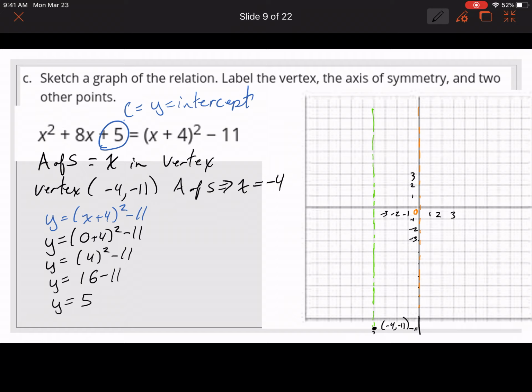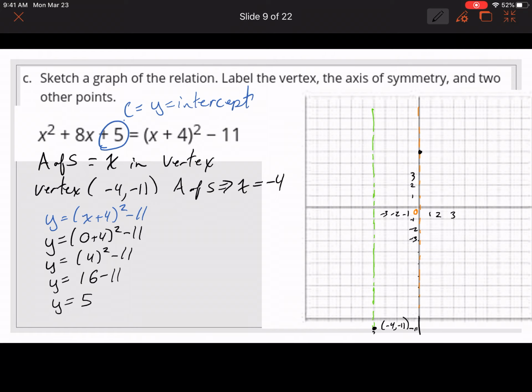So we know we're going to pass through way up here. We could also use our up and over strategy, our pattern there, but this book has asked you to do it like this.